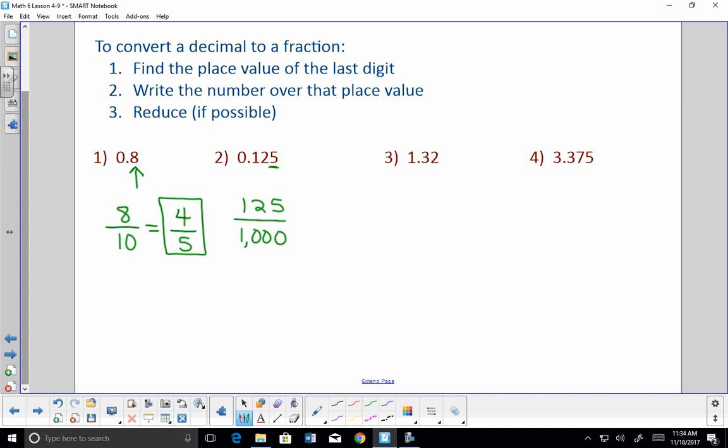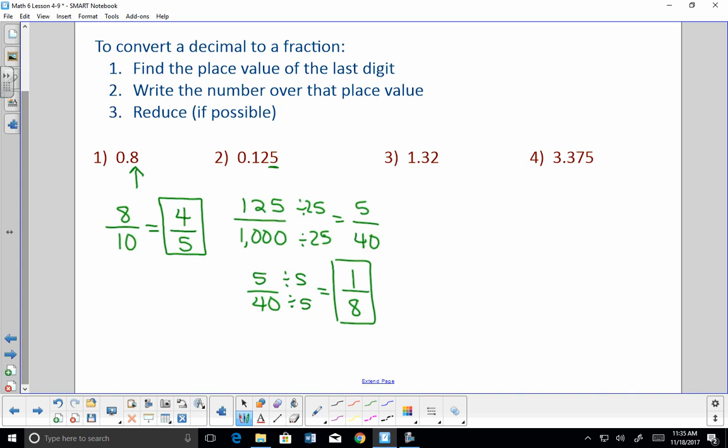Both of these are divisible by 25, so I'm going to divide these by 25. 25 will divide into 125 5 times, and 25 will divide into 1,000 40 times. And 5/40ths also reduces, so I can divide this by 5 and this by 5, and 5/40ths becomes 1/8. So 0.125, or 125 thousandths, is 1/8.